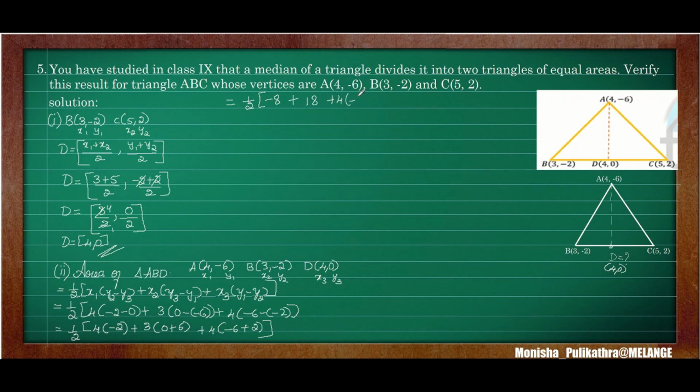So 4 into minus 4. So half into minus 8 plus 18, minus plus into minus, minus 4 4s are 16. Okay, so half into minus 8 minus 16 plus 18.